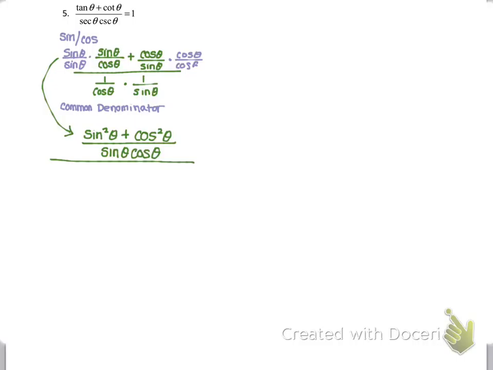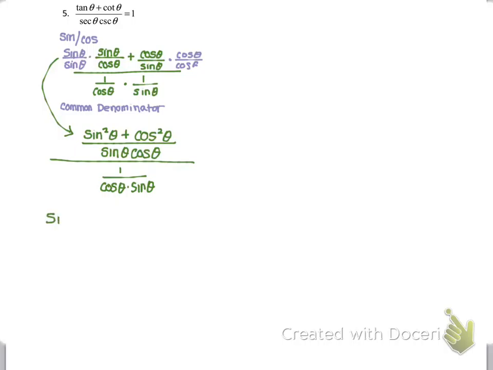So this whole thing is now all over 1 over cosine times sine. And I just multiply those two together. So there's a couple of things that I see going on here. The first thing that I would say I want to do is write this as a multiplication problem.